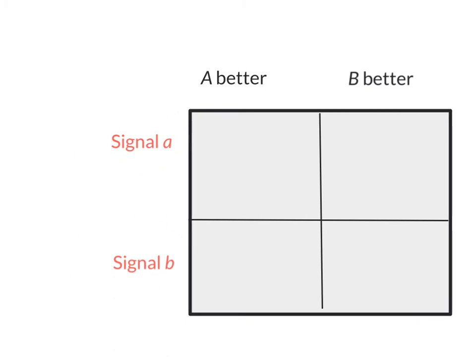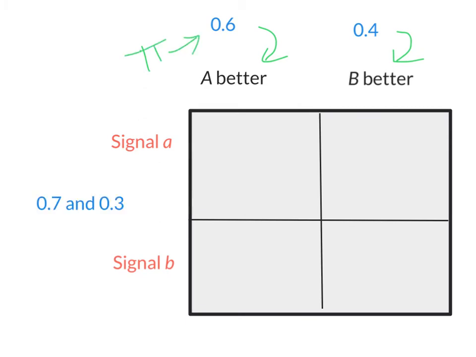It sees either A or B, and similarly, either policy A is better or policy B is better. Our prior probability, that pi, tells us that without any information, there's a 0.6 chance that A is better and a 0.4 chance that B is better. That's just our value pi.